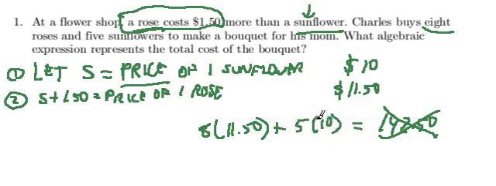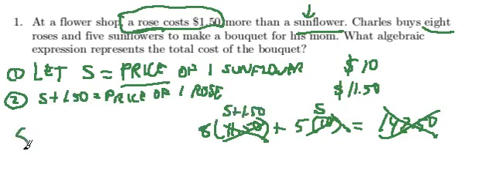Now remember, that 10 was just a made up number standing in for the price of a sunflower, which is S dollars. Oh, my S looks like a 5 here. That's a bit confusing. Sorry about that. And the $11.50 was just the price of a rose, which we have here in algebra form as S plus $1.50.